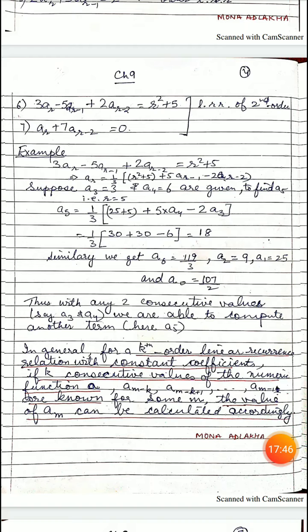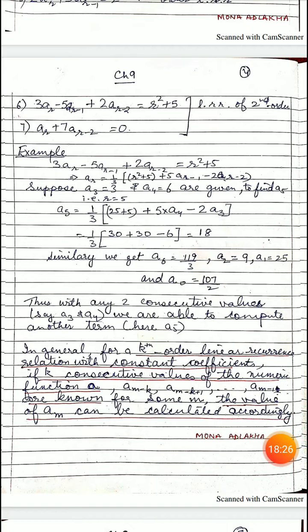As we will see subsequently, first of all you want to find a solution, that means you want to find a numeric function corresponding to a recurrence relation. Here we are talking about just linear recurrence relations with constant coefficients, which reduces the kind of recurrence relations we are talking about. To uniquely find a solution of a kth order linear recurrence relation with constant coefficients, I need k consecutive terms.